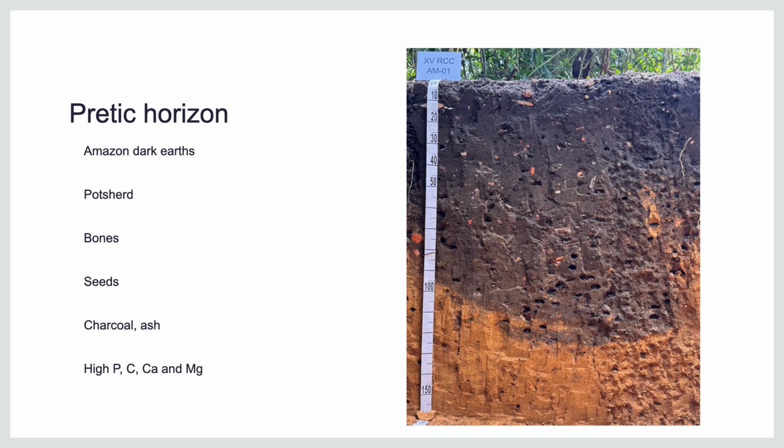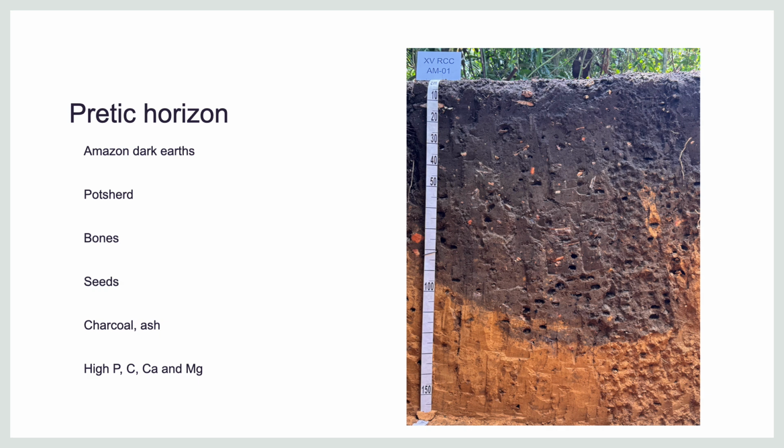And in these Amazon dark earths, in the pretic horizon, you can see a lot of potsherds, ceramic, bones, seeds, charcoal, and ash. I'm describing a lot of materials that are calcium, magnesium, phosphorus, and carbon rich. Because of this, you have this dark color and a high fertility. They are horizons that register a very high fertility, okay?